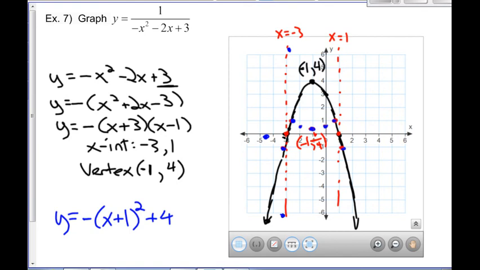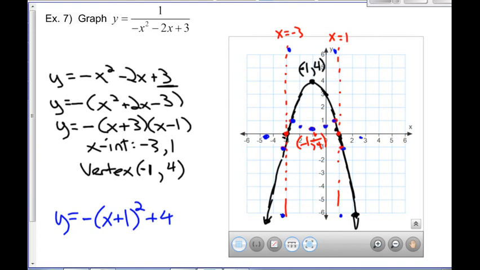Here I have a small positive, that will make for a big positive on its reciprocal. Small negative makes for a big negative on its reciprocal. And finally, big negative makes for a small negative on the reciprocal.